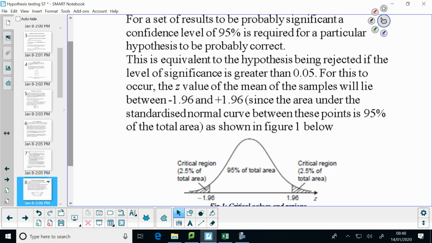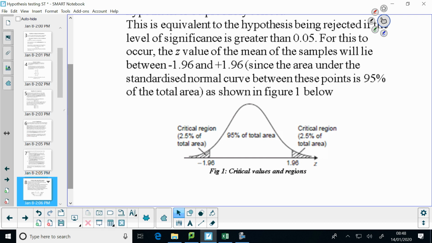So the area under the standardised normal curve between these points is 95%. So we're on our normal curve and we're working at a level of significance of 0.05. So we've got 2.5% either side of the 95% in the middle.